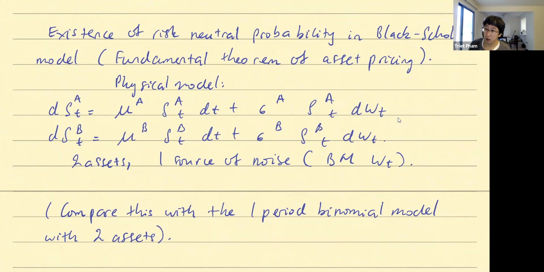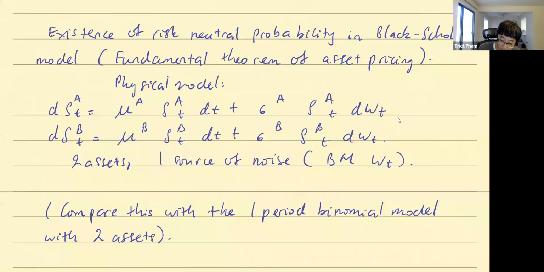There, our conclusion was that in general, if you have a binomial model with two assets, you should not have a risk neutral probability. The reason is that the system is overdetermined. There are too many assets for too little noise in the binomial model, only up and down. You'll see that the same thing happens here, but the noise is driven by the Brownian motion. So we should see how things go on that front.